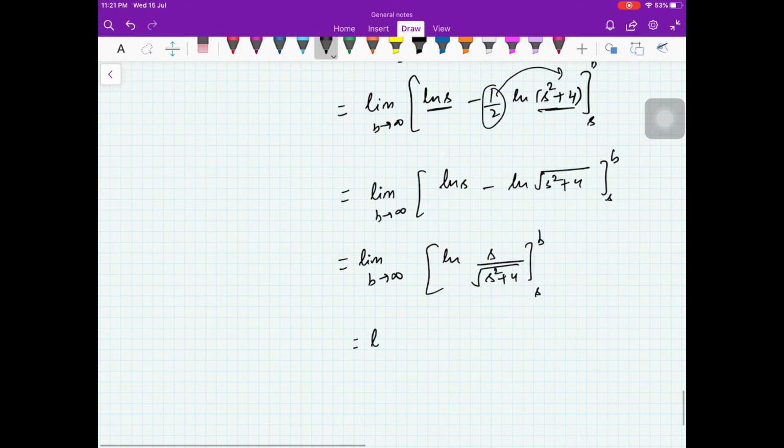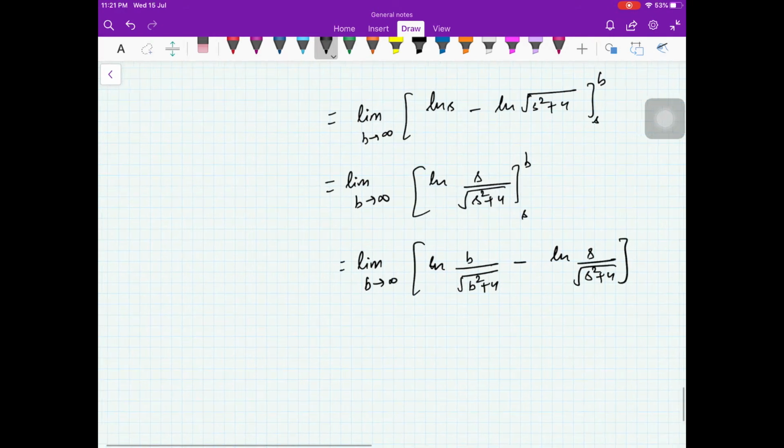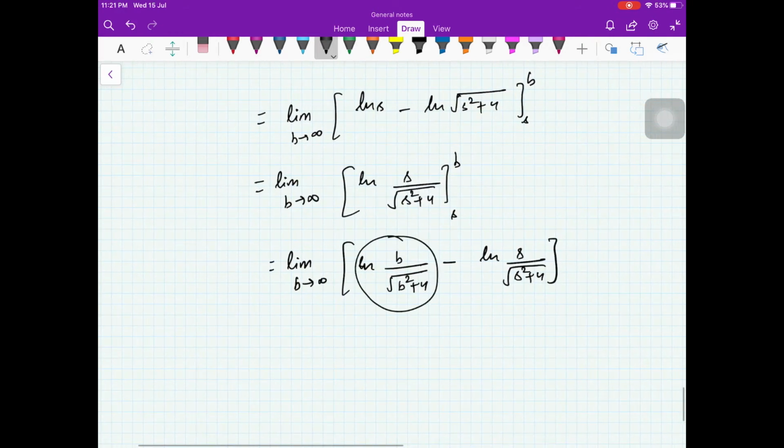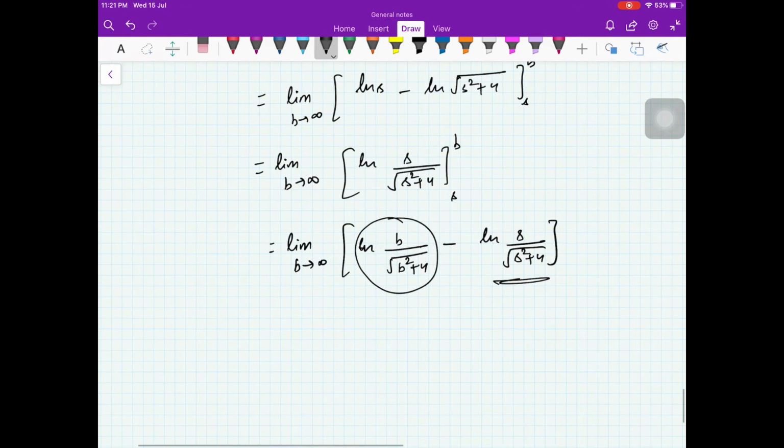Now you put b and s. So this is limit b going to infinity of log of b upon square root of b square plus 4 minus log of s upon square root of s square plus 4. Now what is this quantity? You have to look at this limit. There is no b in the second term, so you look at the first. This is limit b going to infinity. What I can do is divide with b.